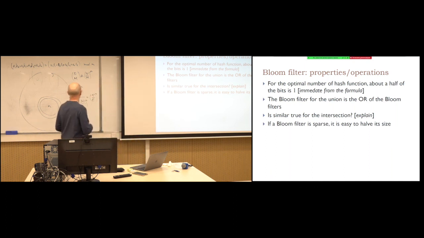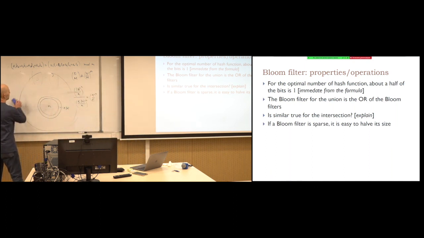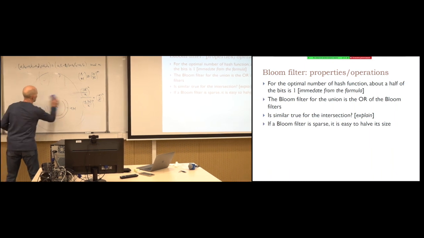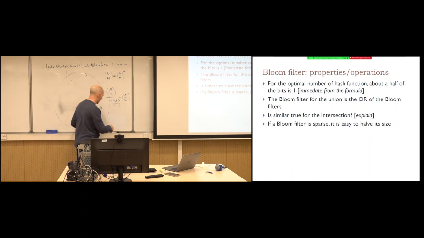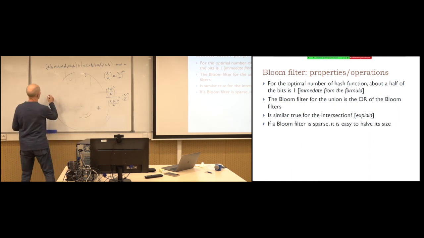So we may have situations like this, and I will finish in 5 minutes. We may have a Bloom filter for one set where we have some object X with one here and one here.